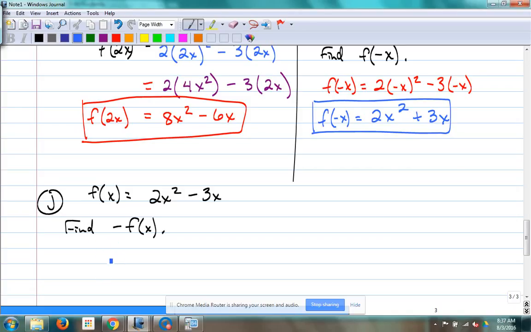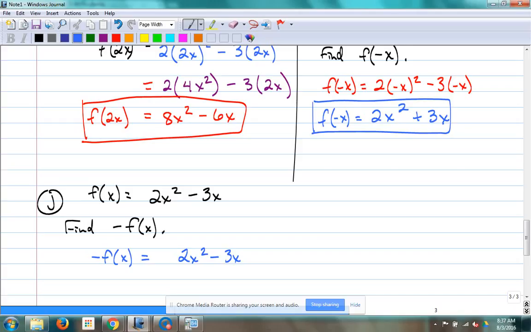So, what does that mean to do to 2x squared minus 3x? Is it divided by negative 1?